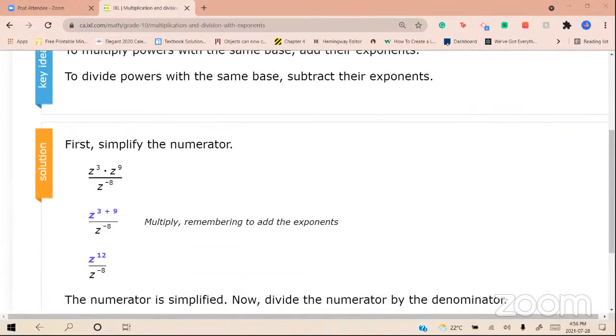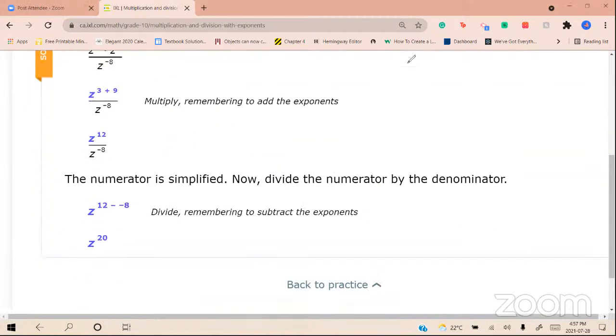Yes. Okay, so let's see how that works exactly. So if the base is z and you're multiplying z cubed times z to the 9, you can just add 3 plus 9, which gives you 12.